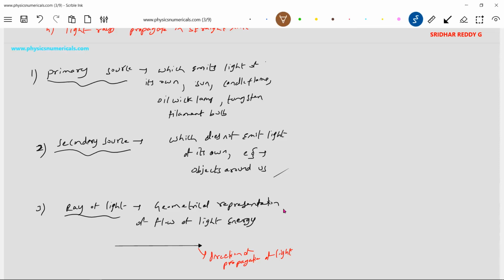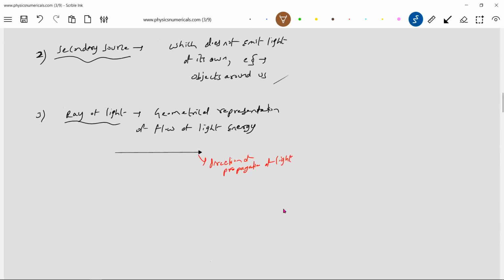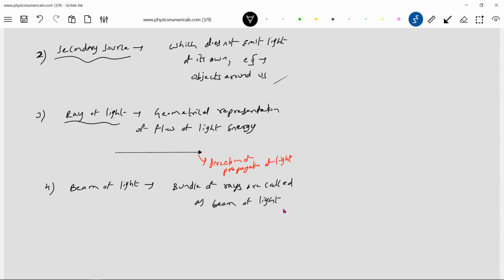Okay, next, the third one. Beam of light. A bundle of rays is called a beam of light.